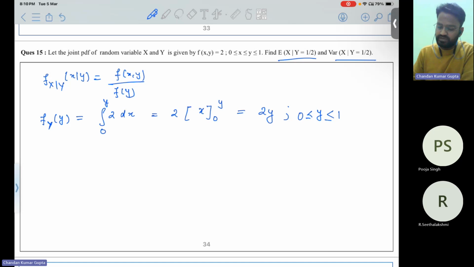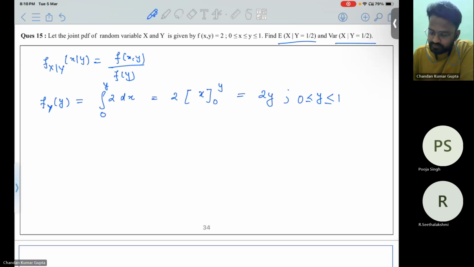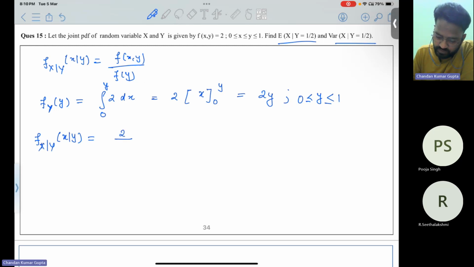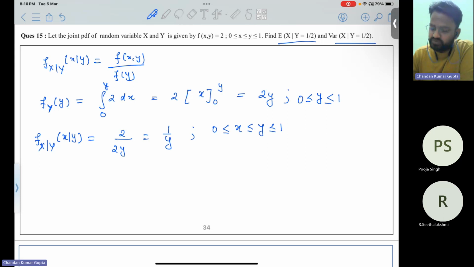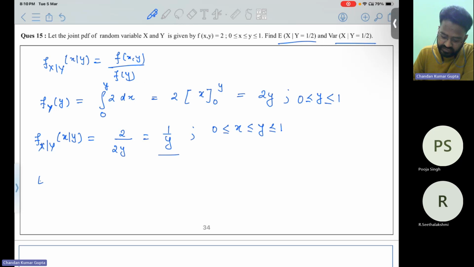Now our aim is to calculate f of x given y, which is equal to 2 upon 2y, which is equal to 1 by y, for x belonging to 0 to y. So we have the distribution 1 by y. Now we need to calculate the expected value of x given y equal to 1 by 2.